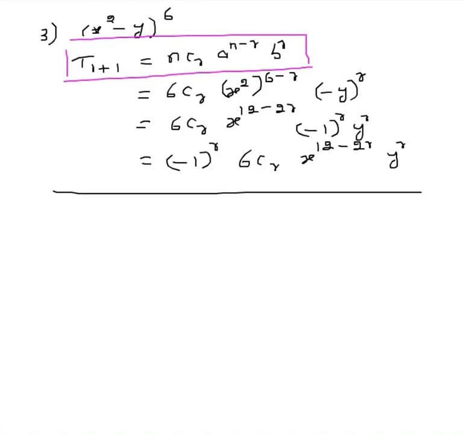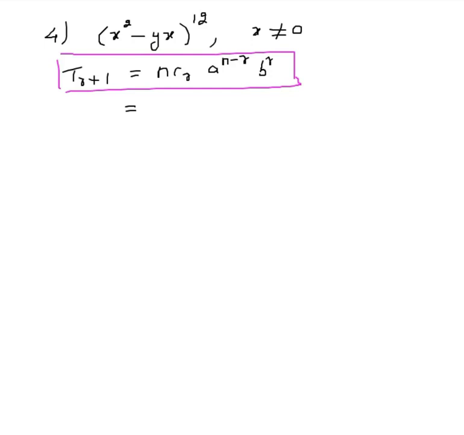Question number 4. Write the general term in the expansion of (x² − yx) whole raised to 12, where x is not equal to 0. The general term formula is nCr a raised to n minus r b raised to r. Let us substitute for n, a and b.